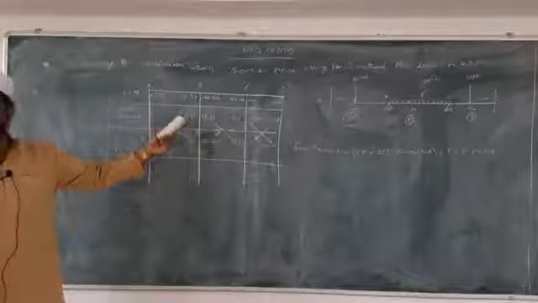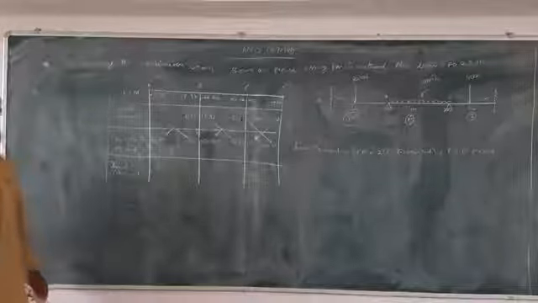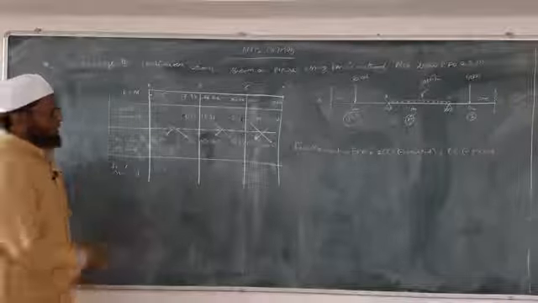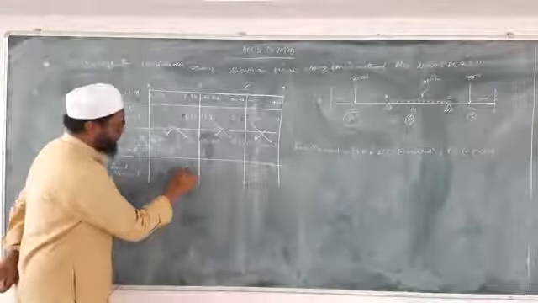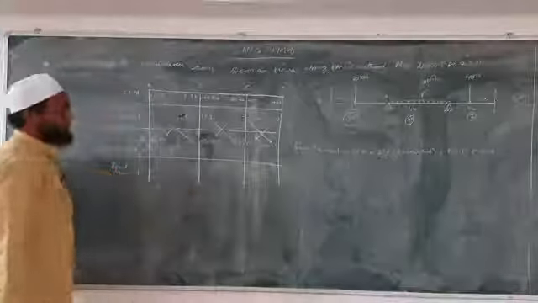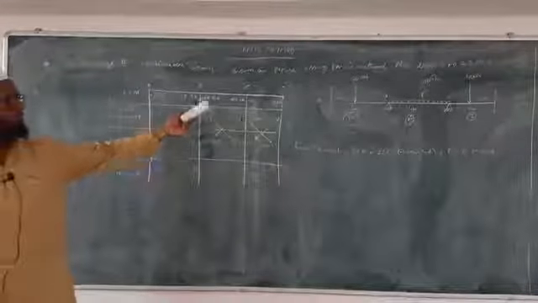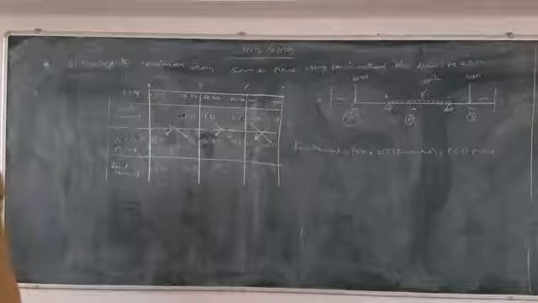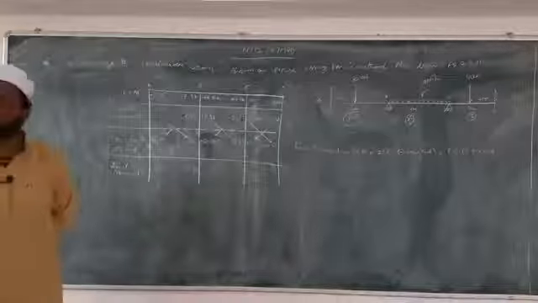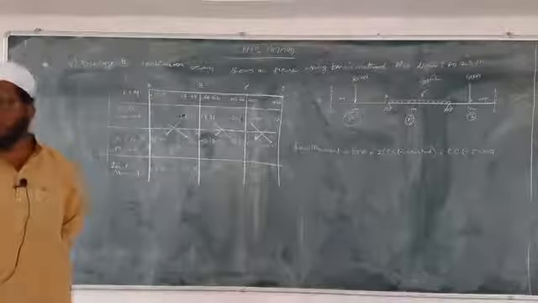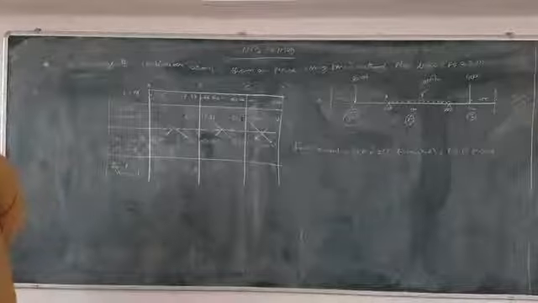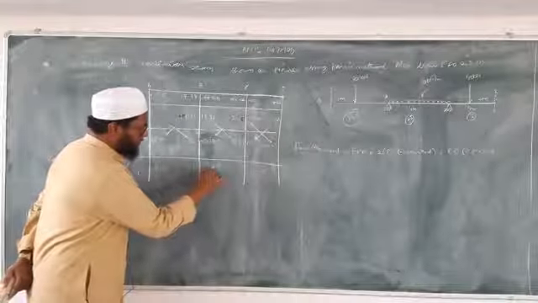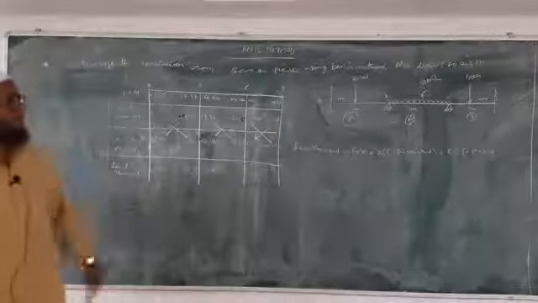Then see here, 17.77 plus 2 into 17.51. What about this value? Minus 66.66 plus 2 into 17.51. Use brackets in your calculation. Again, tell me this value.